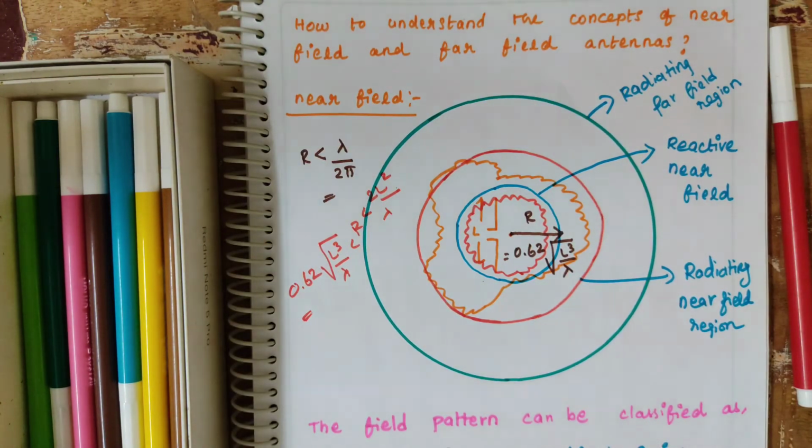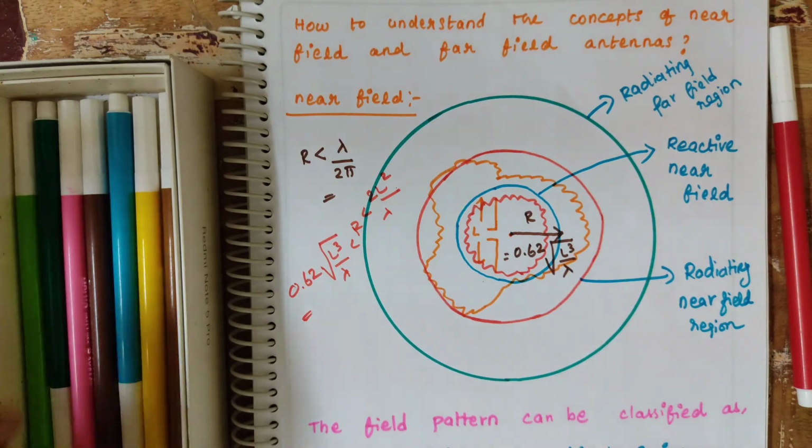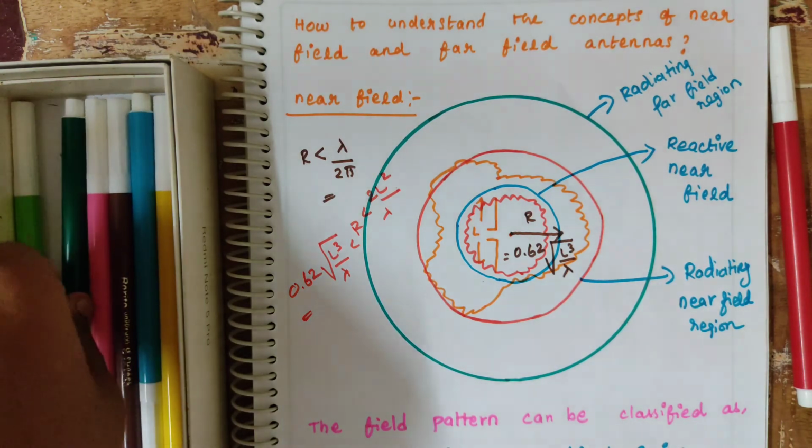Now we see about the radiation pattern of the radiating far field antenna. Now I will draw the radiation pattern.